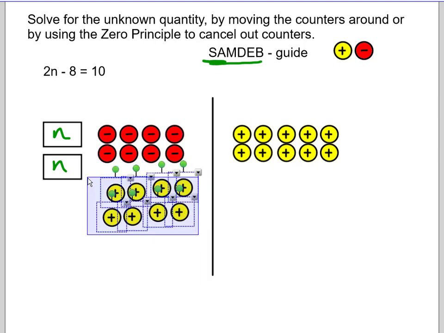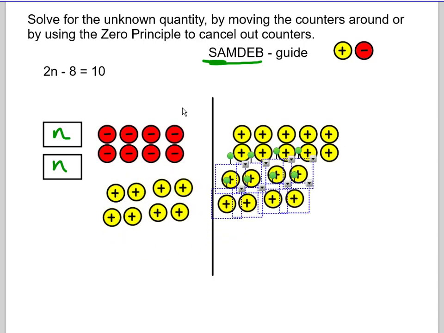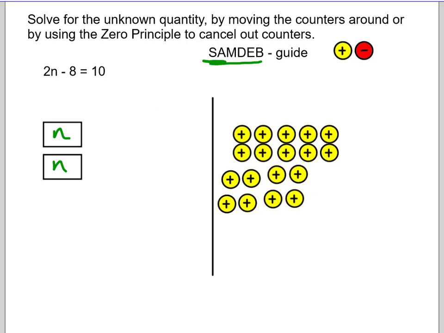Okay, so there's 8 added to both sides. That means all of these guys here would cancel each other out and be gone. Okay, so now I'm left with 2n. When we go back to our algebraic expression, the opposite of subtracting 8 is adding 8. So if I add 8 to both sides, those cancel. I'm left with 2n equals 18.